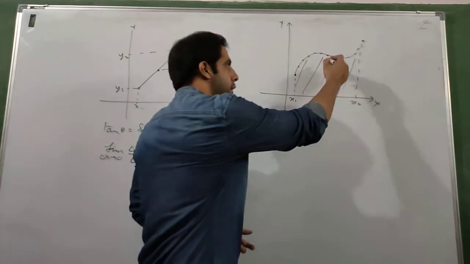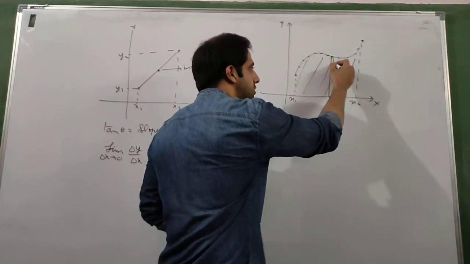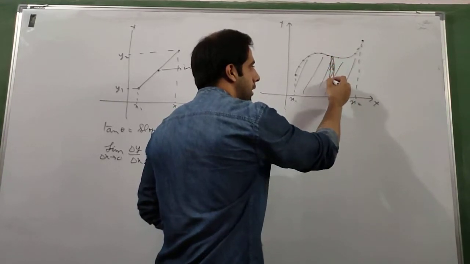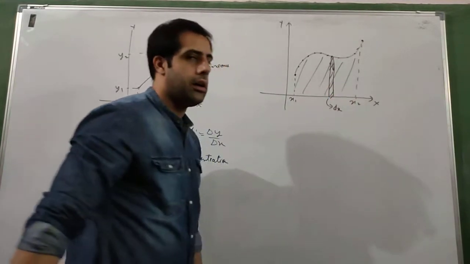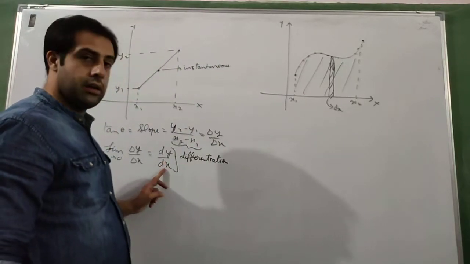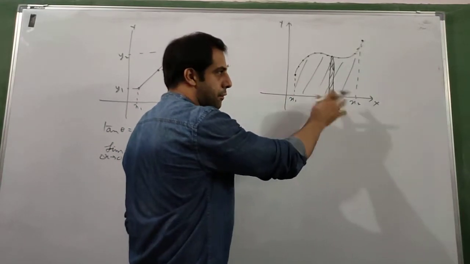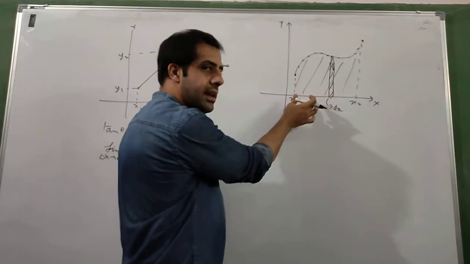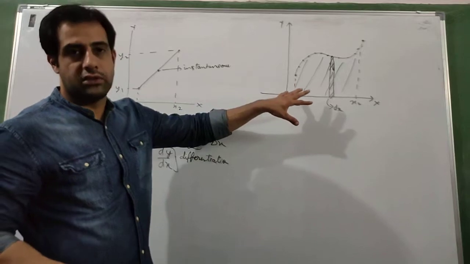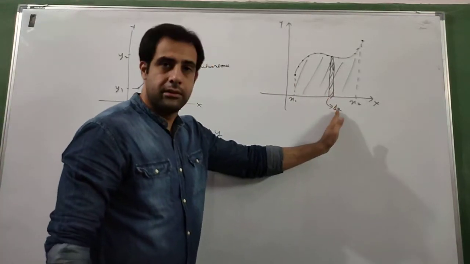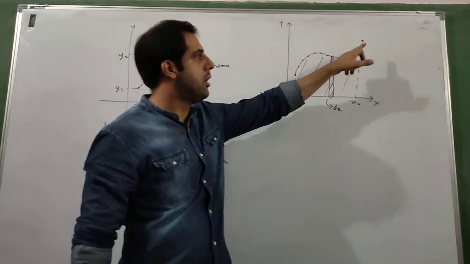In other words, if we know two points that are very close together, so close that we can call the gap dx, just like we did in differentiation, and if we have a sufficient number of dx, then we can add all the dx and find the area under the curve. This makes sense? So integration is the process in which we take dx of a function and add all the dx from the initial point to the final point.